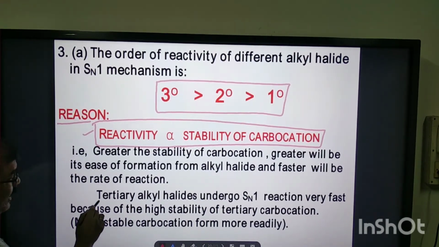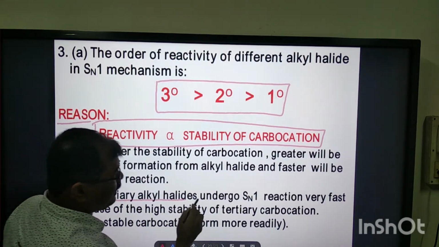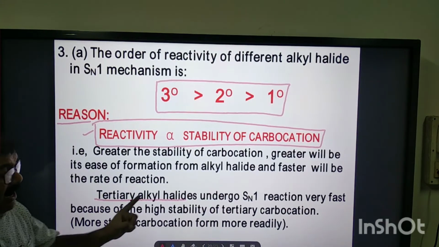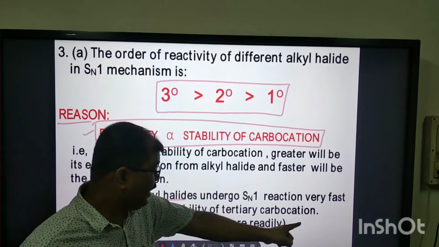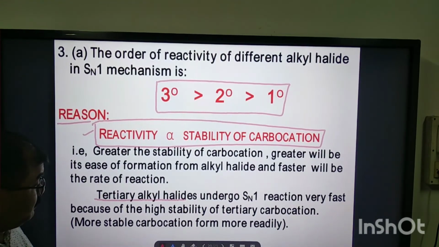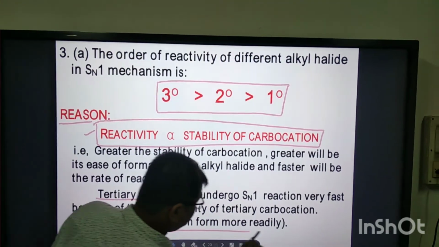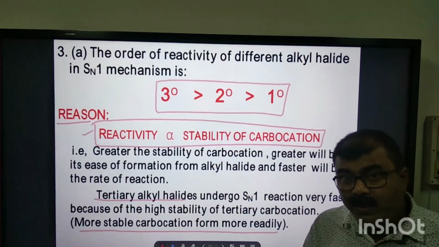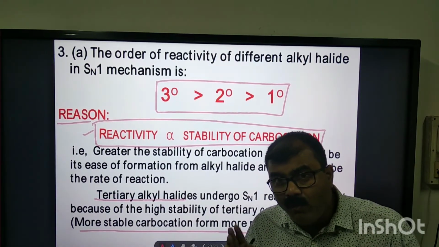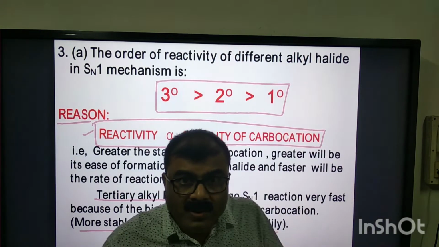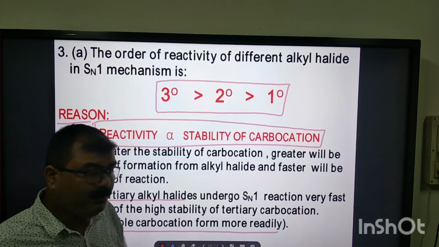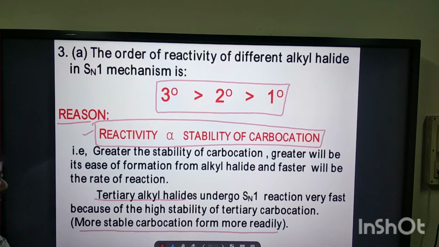That is why tertiary alkyl halides undergo the SN1 reaction very fast, because of the high stability of the tertiary carbocation. One very important sentence to remember: more stable carbocation forms more readily. More stable product forms more readily. This is very important.